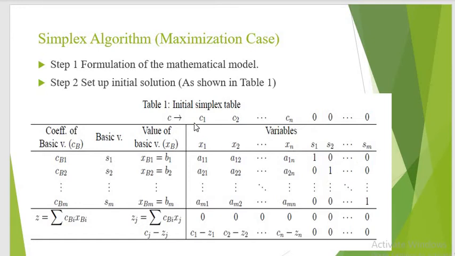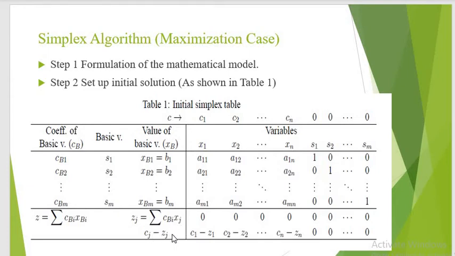Here Cj corresponds to the incoming unit profit, and Zj represents the amount by which the value of the objective function Z would be optimized if one unit of the given variable is added to the new solution.